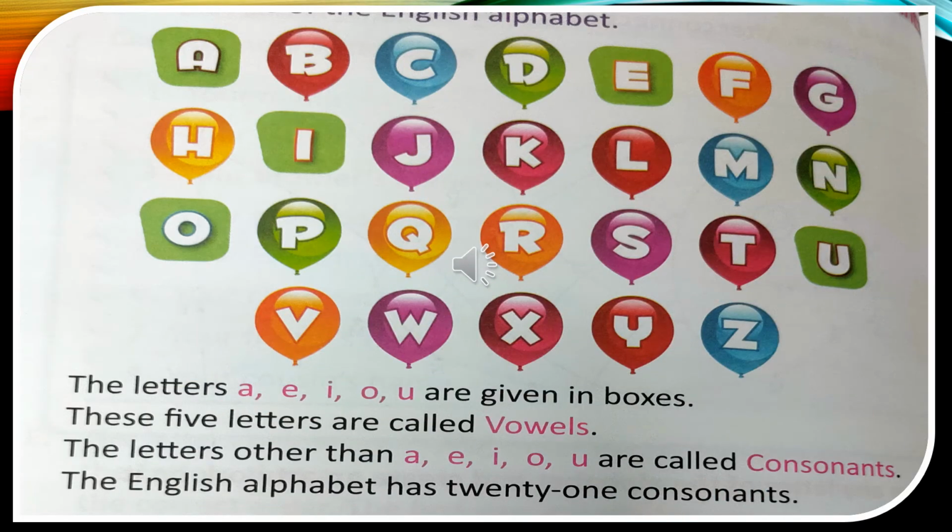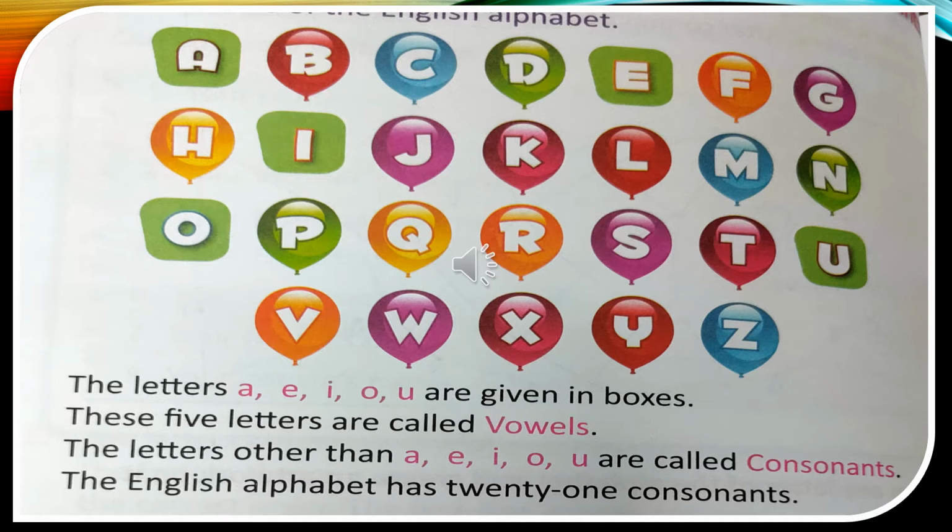Before taking the topic ahead, I would like to do a small revision of part 1. In part 1, we have studied that there are 5 vowels in English alphabets.